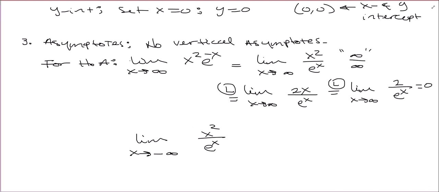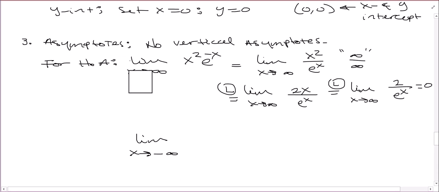Let me go back and leave it the original way that it's written, x squared times e to the negative x, because what's going to happen here is you're going to have negative infinity squared, that's positive infinity. And then e to the negative of negative infinity is really e to the positive infinity, which is infinity. So you have infinity times infinity, which will be infinity.